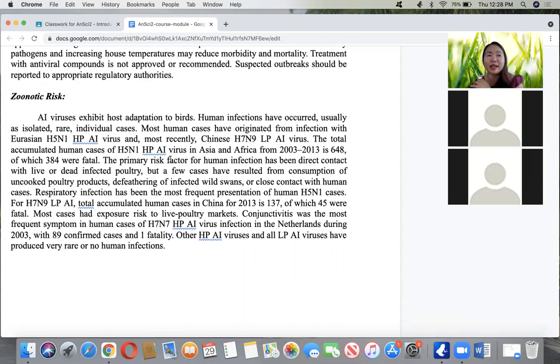And sabi nila yung corona ay galing sa bats, diba? And most recently, yung Chinese na H7N9 LPAI virus. So, magka-family lang ito sa coronavirus.